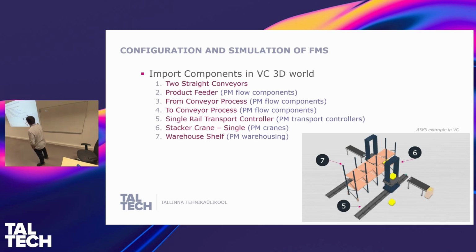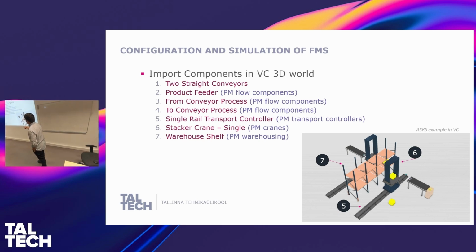So we will start with the feeder again, but we need to create this layout of the storage system: rack, crane, and this controller. For that purpose, there are some components that are listed over here. The main ones are also highlighted, showing where you can find them.